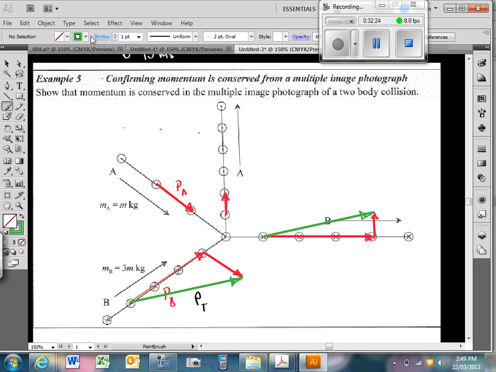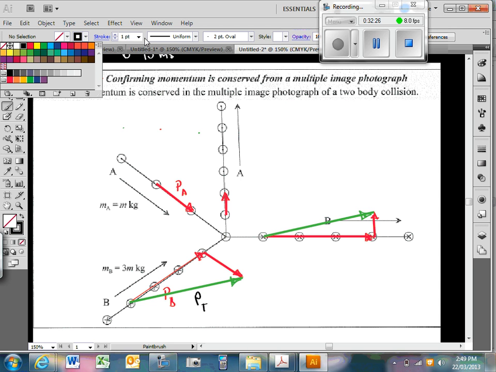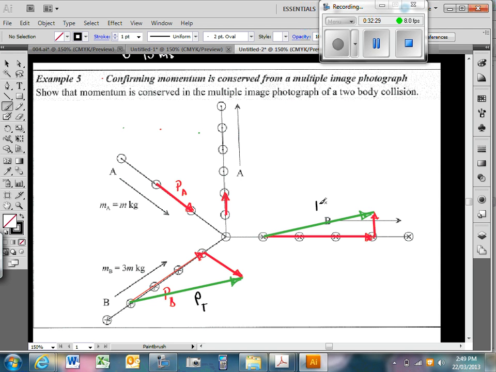Okay? And that's how you do that. Total momentum of the system before is equal to the total momentum of the system after. So this is before, this is after.